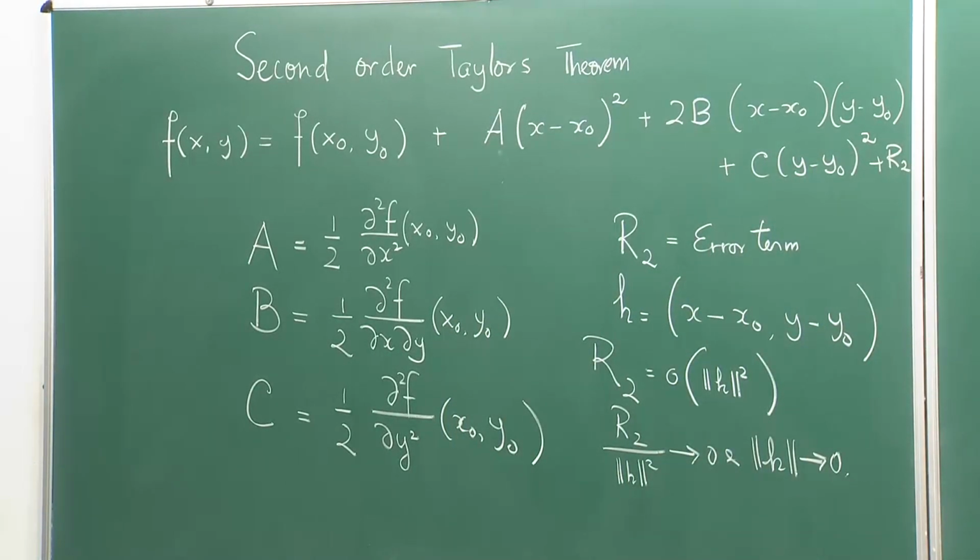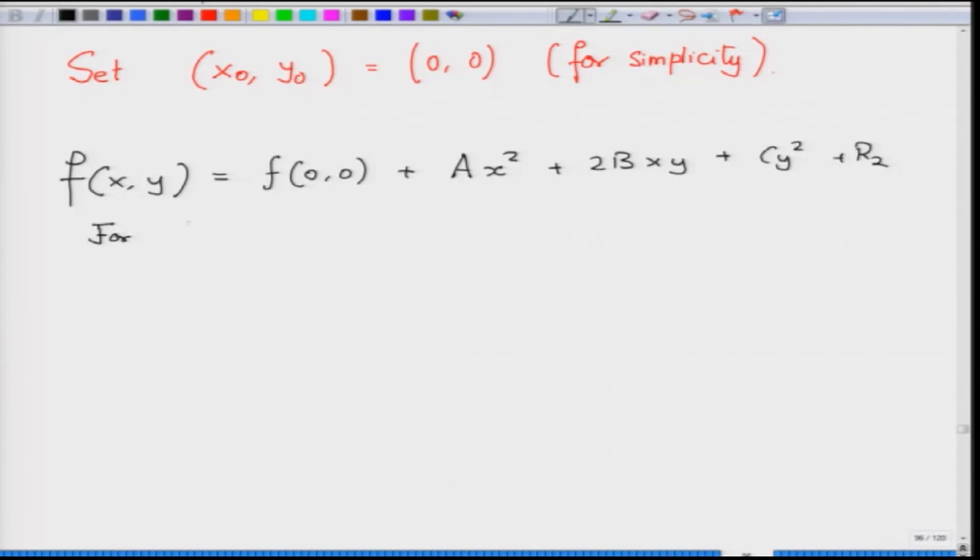So, for x y very near 0 0, R2 for all practical purposes is almost 0. This is a very crude way of writing, a crude description.